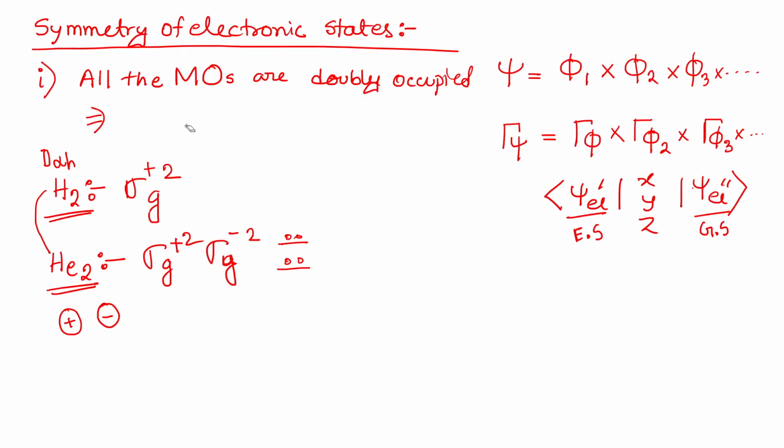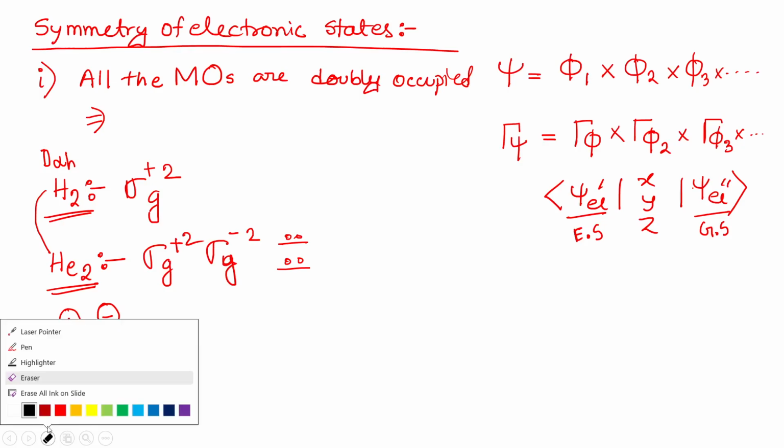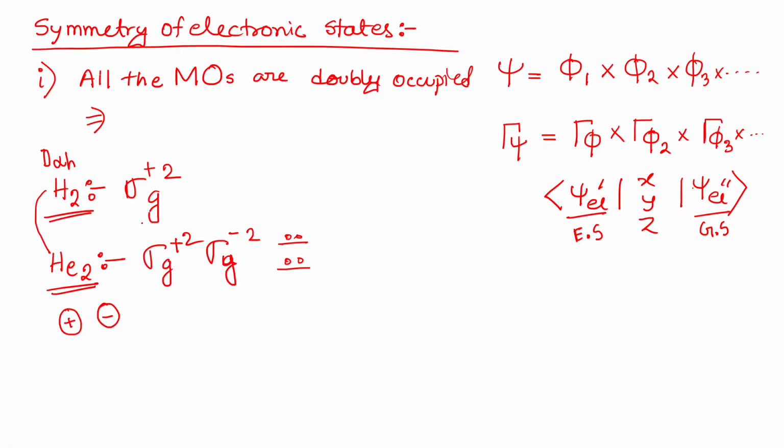So your state is either going to be totally symmetric or it will contain the totally symmetric representation. When they are one dimensional, then they are going to be totally symmetric.